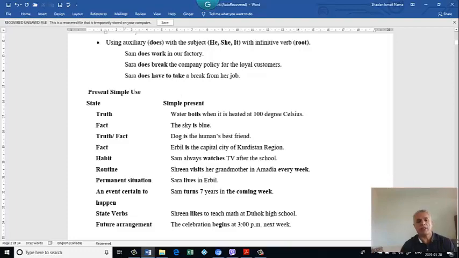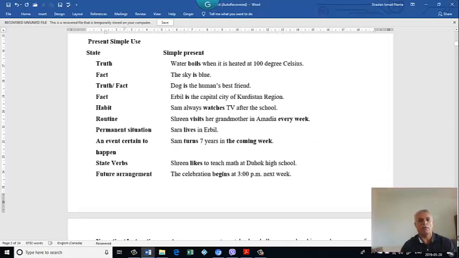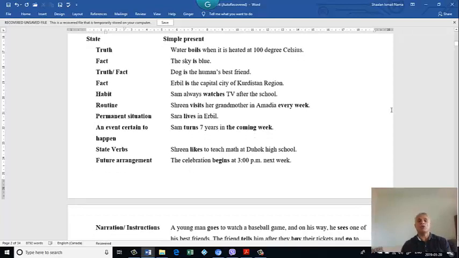When do we use simple present? We use simple present when we talk about a truth, something that is true for everybody. Water boils when it is heated at 100 degrees Celsius. Or we talk about a fact.